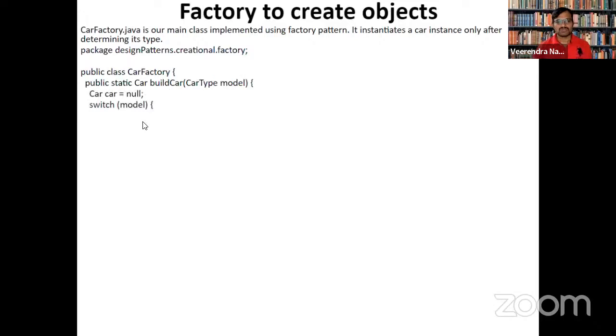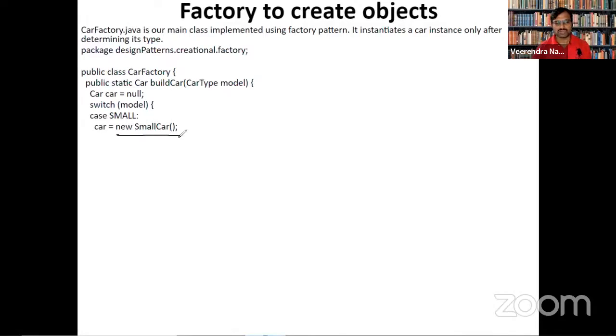Car is equal to null, switch on model. If the car model is small, we initialize the small car. When we initialize the small car, the small car initialization will take place, and that will go and take up the parent car.